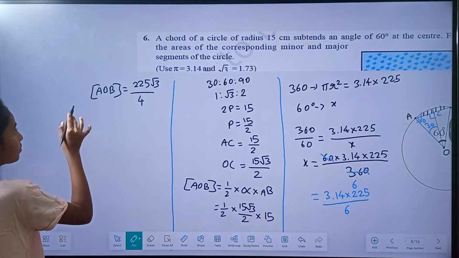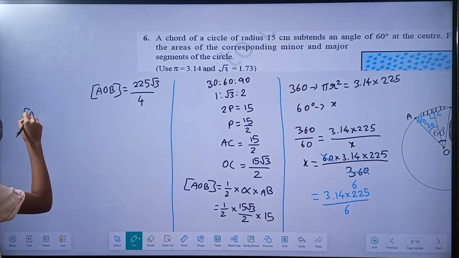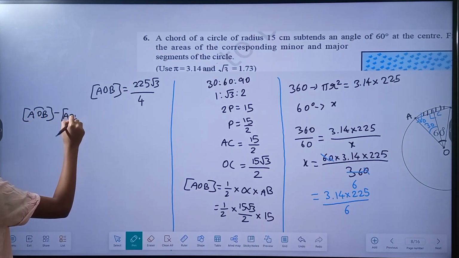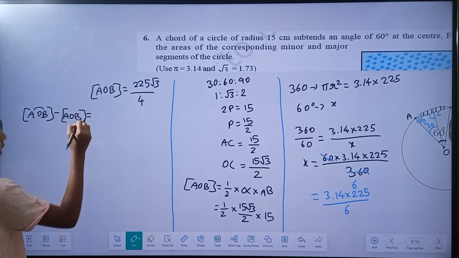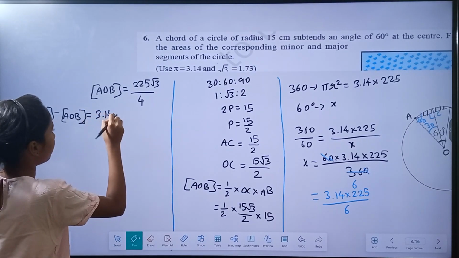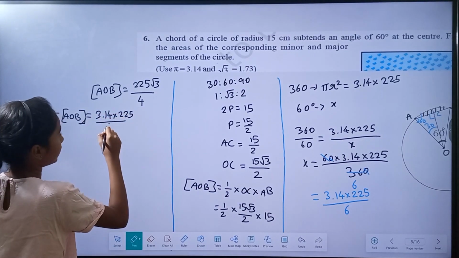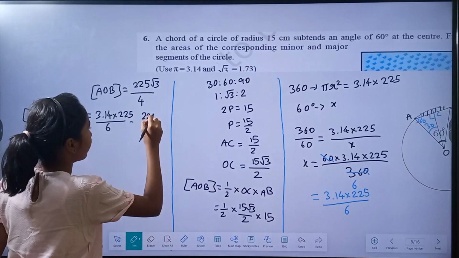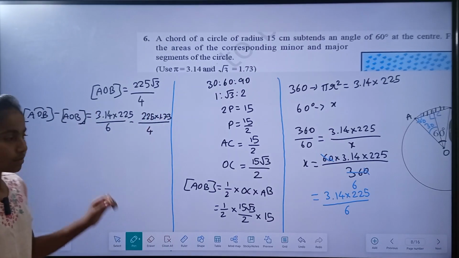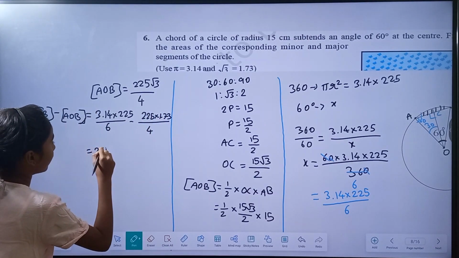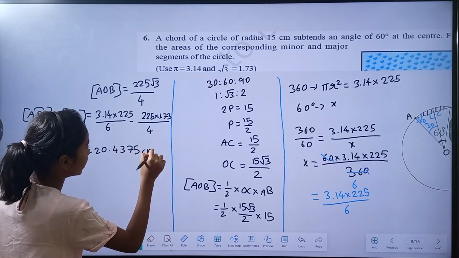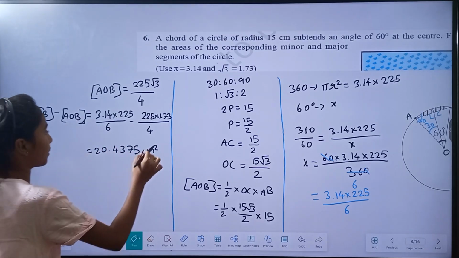The segment area, which is sector AOB minus triangle AOB, equals 3.14 into 225 by 6 minus 225 into 1.73 by 4, equal to 20.4375 centimeter square. So this is the minor segment area.